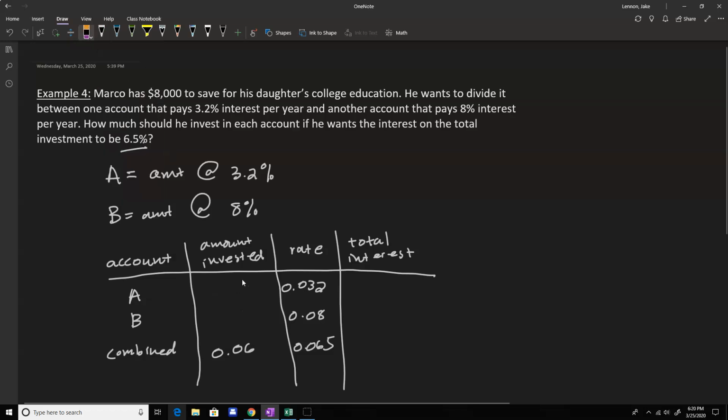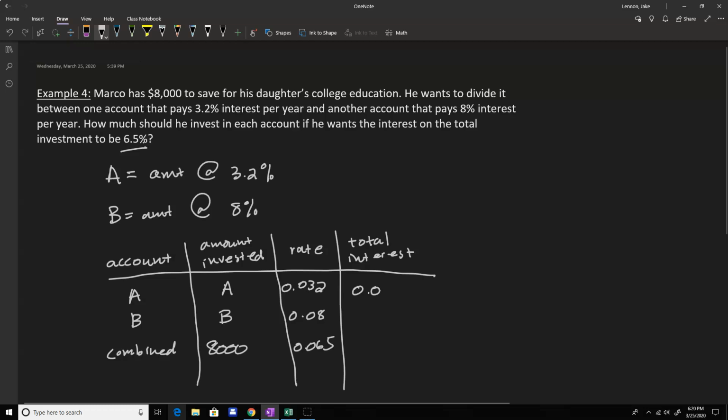So what do we want? We want to write the amount invested. The amount invested in account A is the variable A. We're investing B dollars in account B. And the combined amount invested, we know that we have $8,000 to save. The total interest is found just by multiplying the amount by the rate.